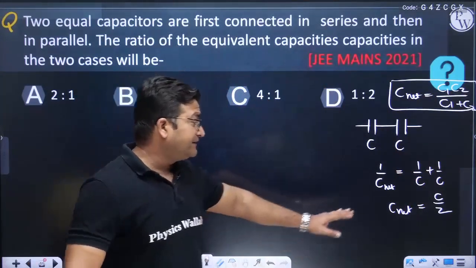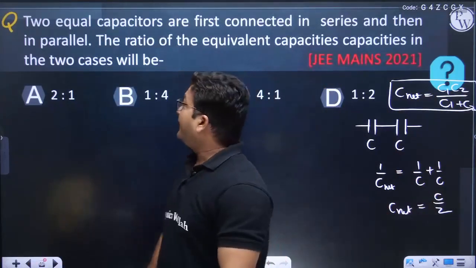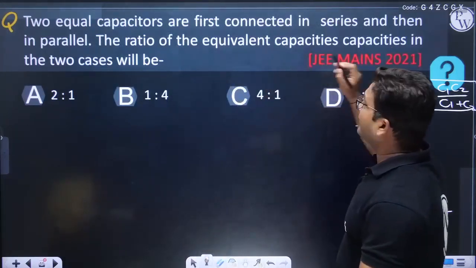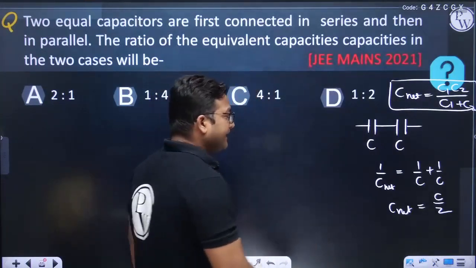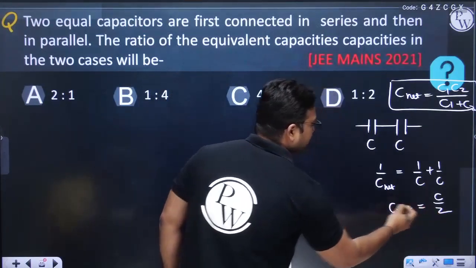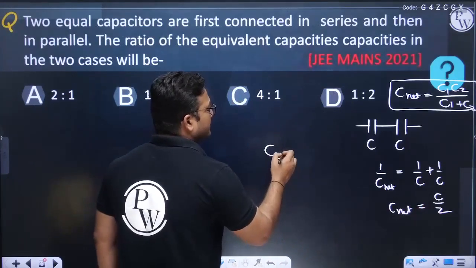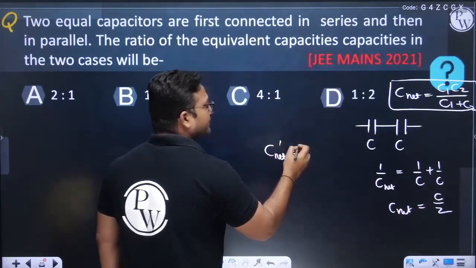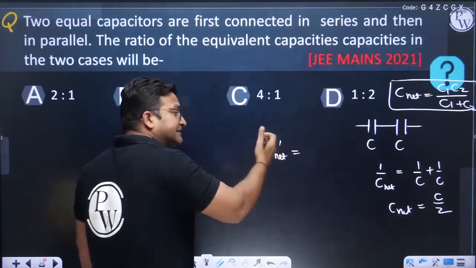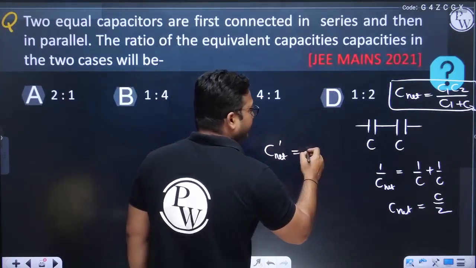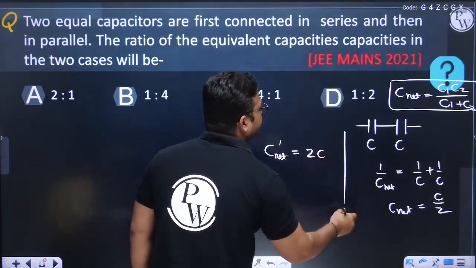So C net in the series case is C by 2, and if you connect them in parallel, the C net dash, that is, when we connect them in parallel, we have the formula C1 plus C2. So in parallel the net capacitance is going to be 2C.